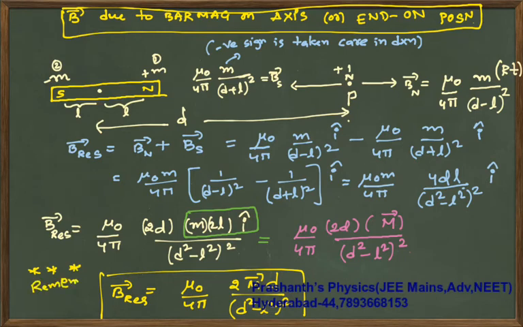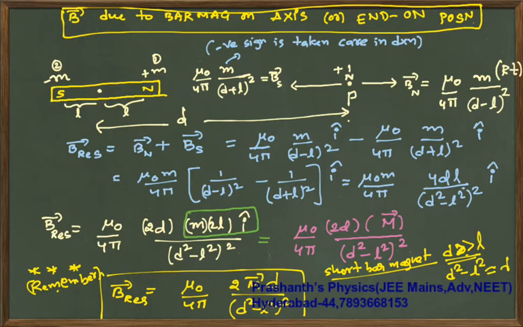Now if the bar magnet is short, what will happen? d is very much greater than l. So d square minus l square can be written as d square. That will give you B on the axial line as mu naught by 4 pi into 2M by d cube.